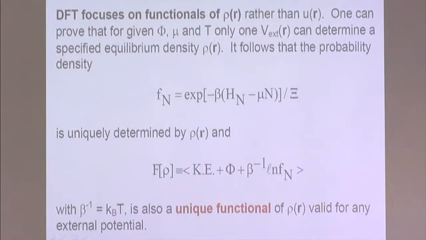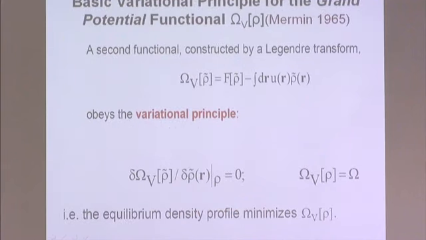Remember, the log of f is an entropy, so this is a U minus Ts, so that is a Helmholtz free energy. You find that this is uniquely determined by that. It's also a functional of the density, and then you just keep going, and you derive this basic variational principle.